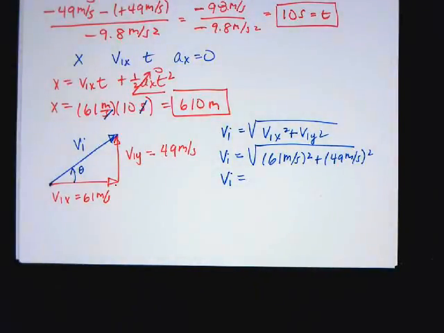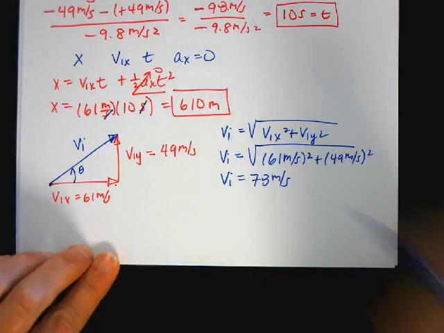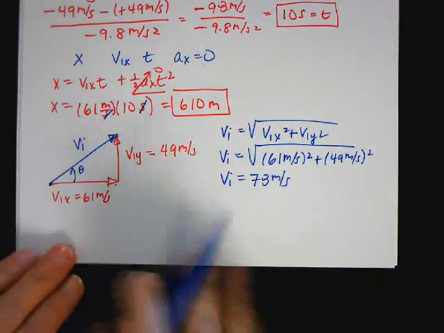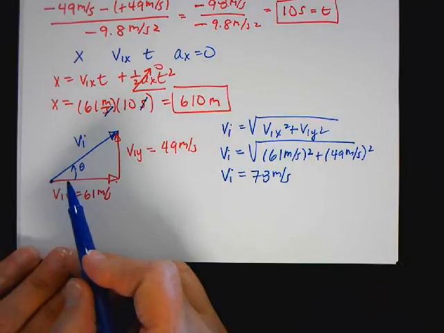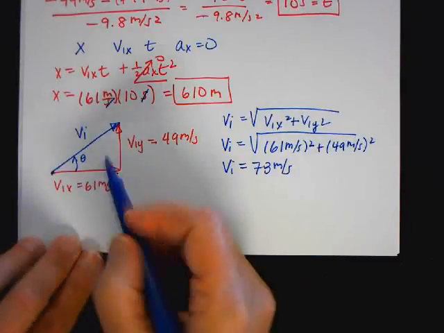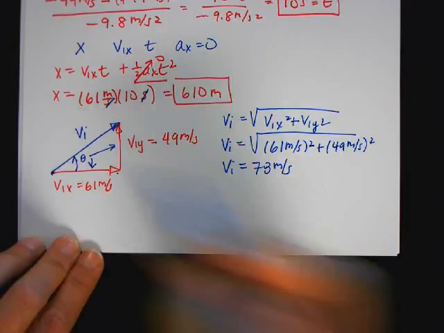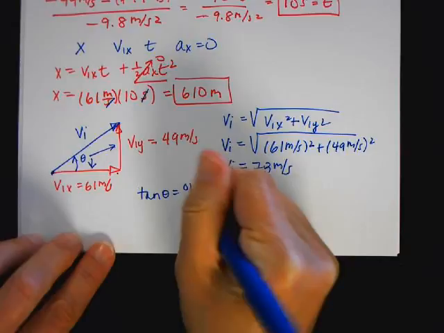But a vector has both magnitude and direction. When I find the direction, I measure from the tail of the resultant. So some of you are thinking, ooh, I forgot to do that on the quiz. So when I find the direction, it's good to use the information I know. This is opposite and this is adjacent, so I'll use tangent. So tangent theta is opposite over adjacent, which would be 49 over 61.